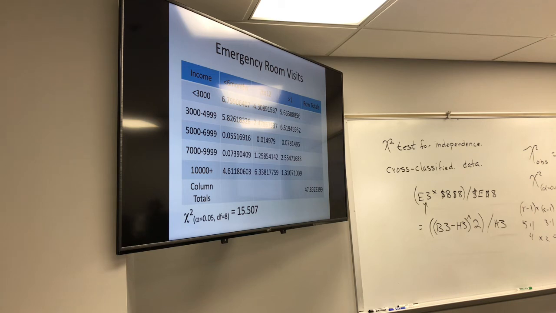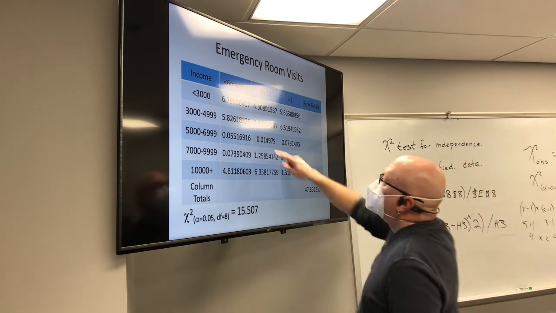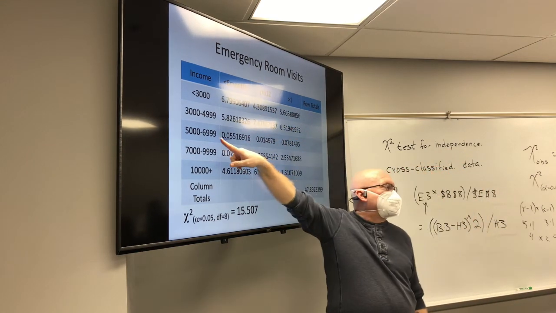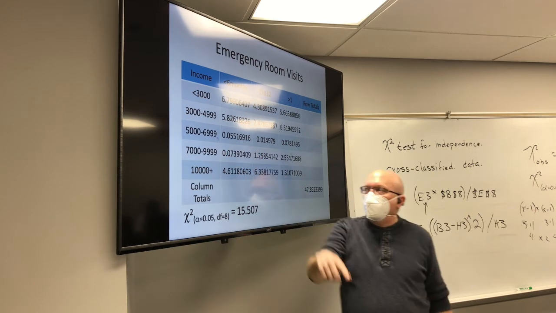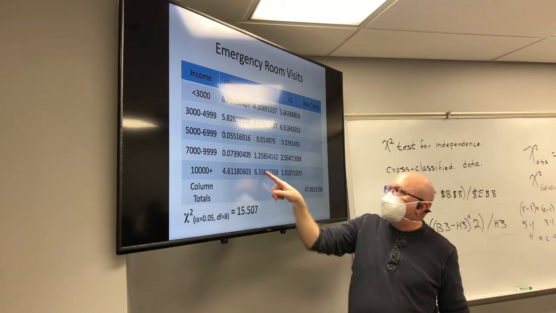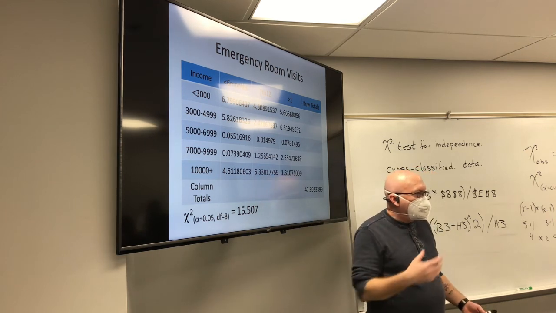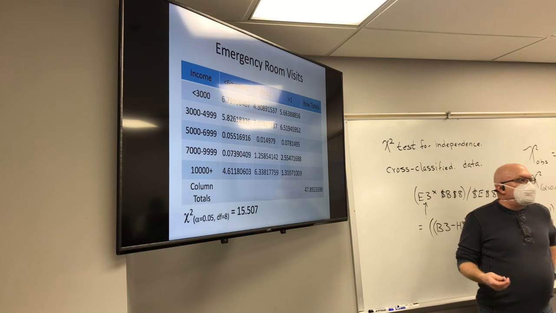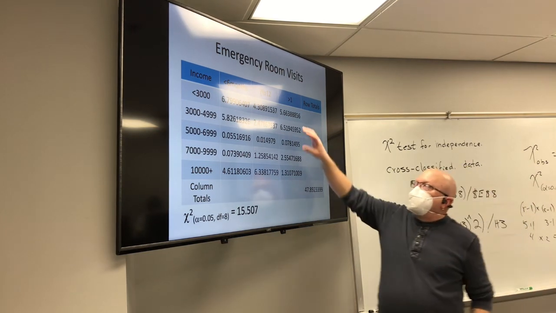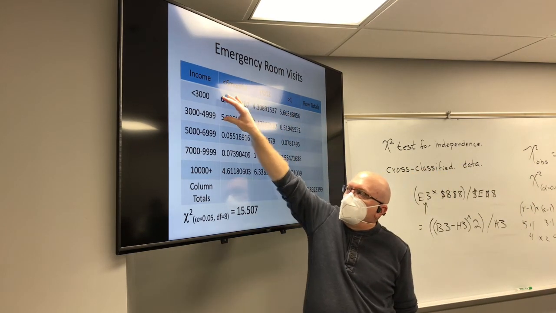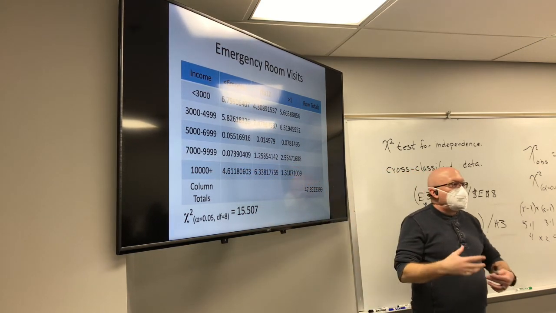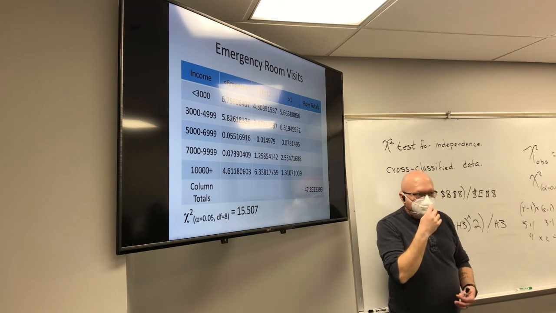But what you see here is that some of these cells contribute a lot to the chi-square value. Others of these cells contribute almost nothing to the chi-square value. And then some of these contribute more to the chi-square value. So the cells that are contributing heavily to the chi-square value are low-income rows, and this highest income row is contributing the most to the significance of the chi-square value.